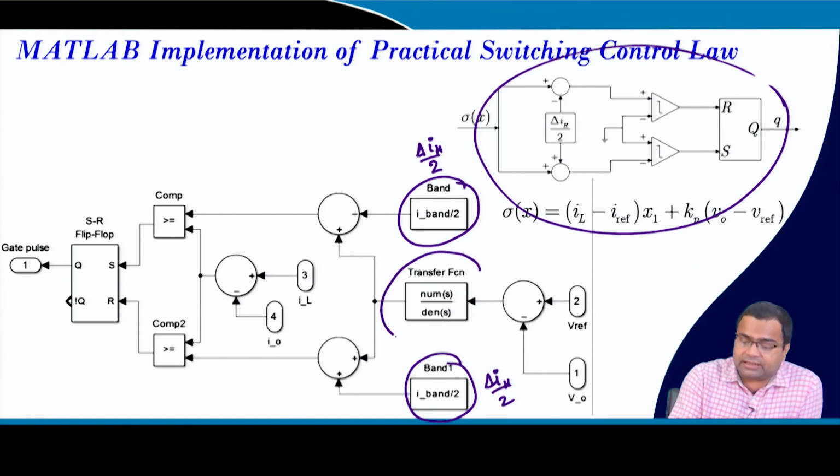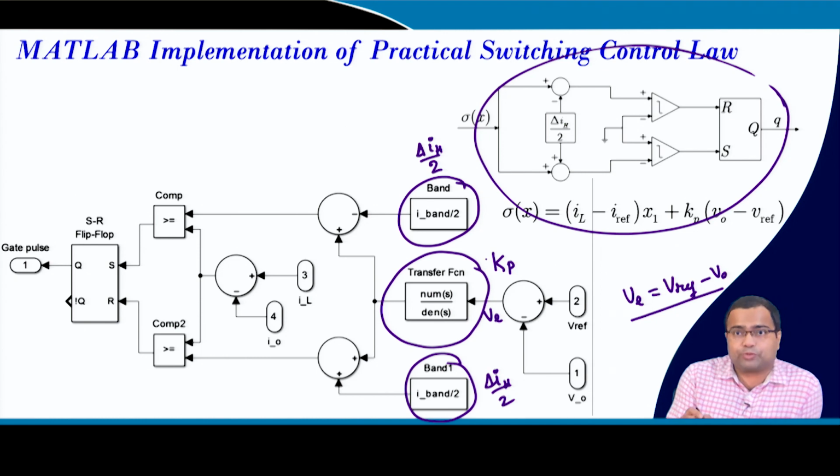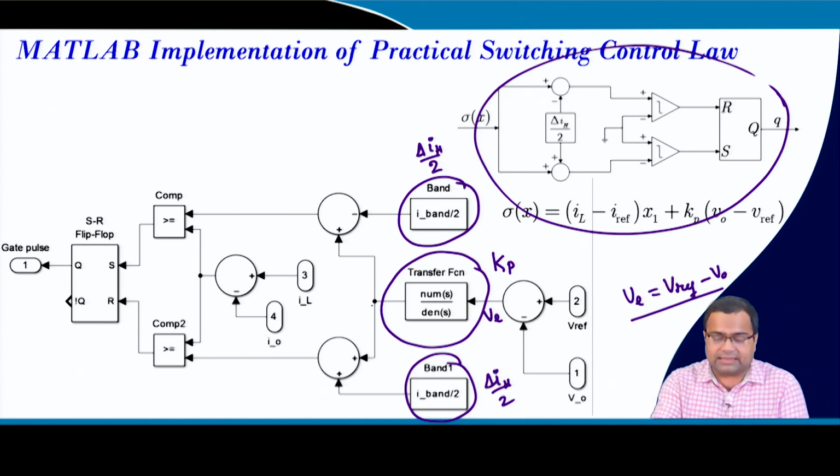This transfer function is the controller, and typically I am choosing a proportional control, because here I want to put it like a standard voltage loop with error voltage. In this case I have used the conventional notation of error voltage, Vref minus V0, which goes to a proportional controller, and then we add this band and the actual current.